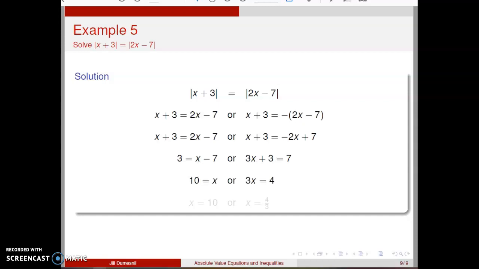Then we add 7 on both sides of the first equation and subtract 3 on both sides of the second equation. We can rewrite the first equation to get that x equals 10 and divide both sides of the second equation by a positive 3 to get that x equals 4/3. Thus, the solution is x equals 10 or x equals 4/3.